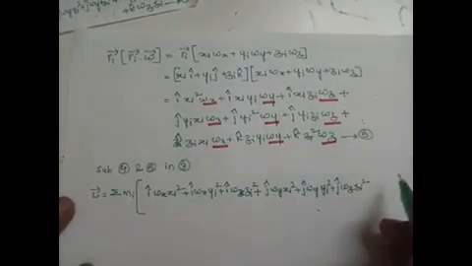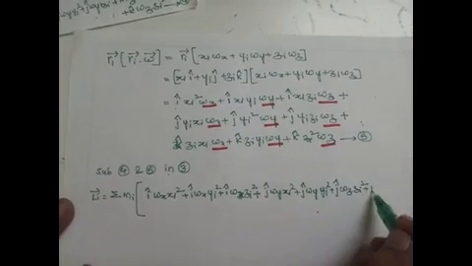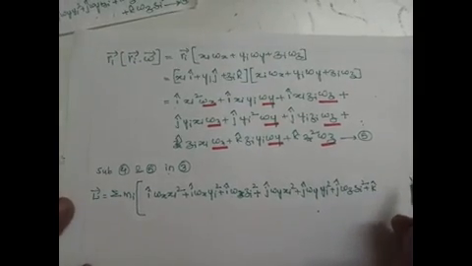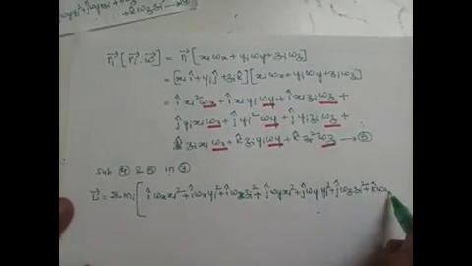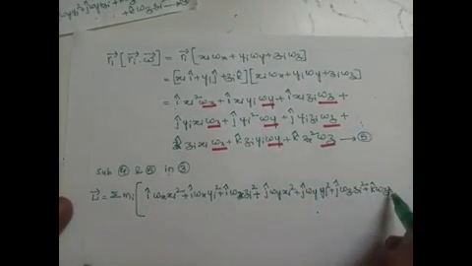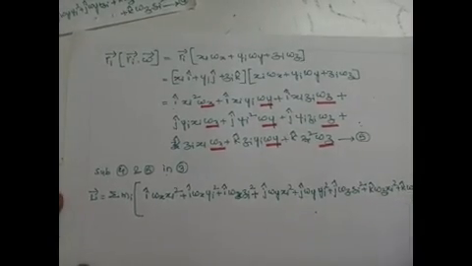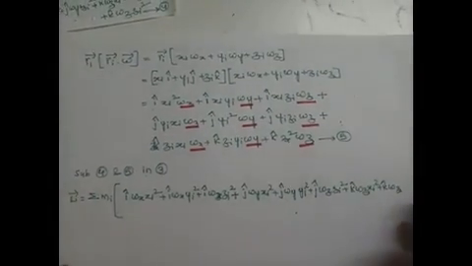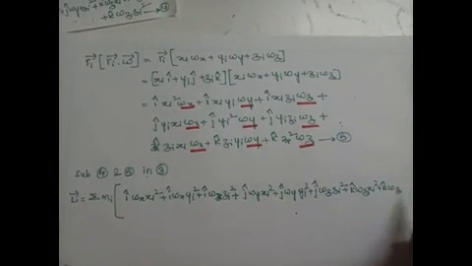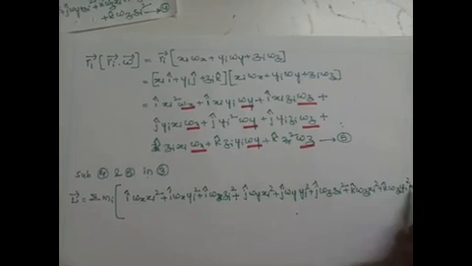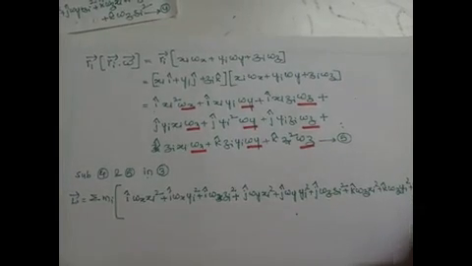Next, plus similarly k cap into omega z xi square plus k cap into omega z yi square plus k cap into omega z zi square.